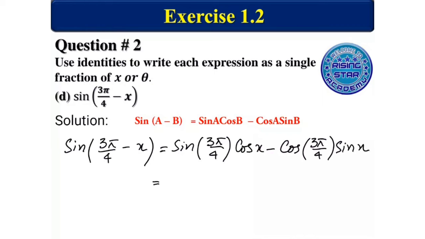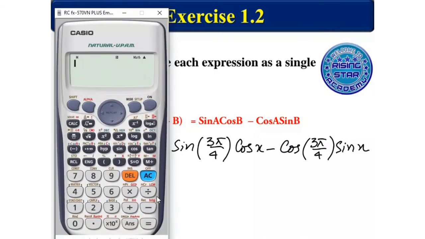Now we use our calculator to find the value of sine 3 pi by 4, but first of all we have to convert our calculator into radian mode. We will apply shift mode and number 4, that is radian. Now I will check my value. Sine of 3 pi by 4 is root 2 by 2, and cos 3 pi by 4 is minus root 2 by 2.